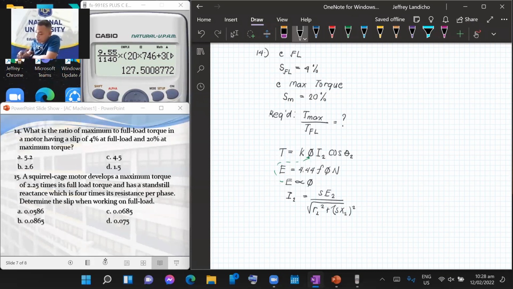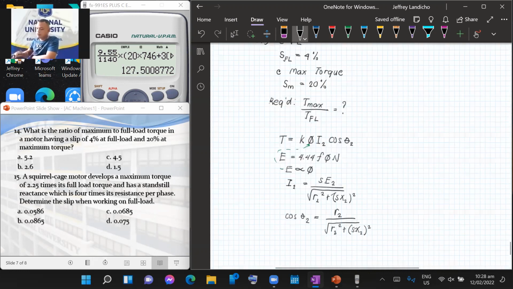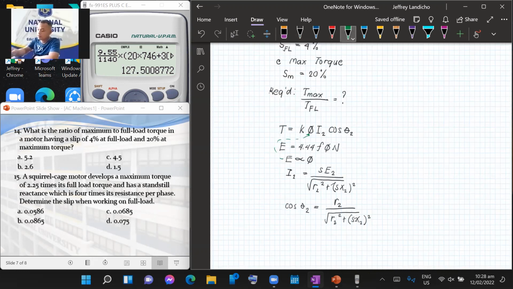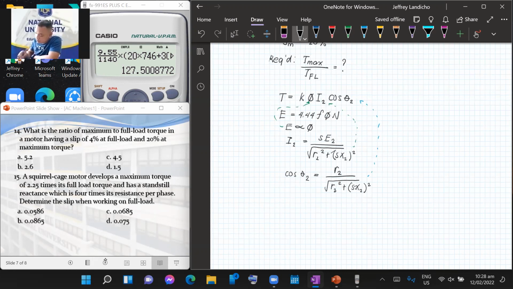At kapag kinuha natin si cosine theta, this is the power factor at the rotor. Alam natin ang power factor is the resistance over the impedance. Ano impedance of the rotor? That is your square root of R2 squared plus S X2 squared. So kapag lahat yan, sinubstitute natin, si I2, substitute natin doon, si power factor, substitute natin dyan, ito lalabas na general expression ng torque.